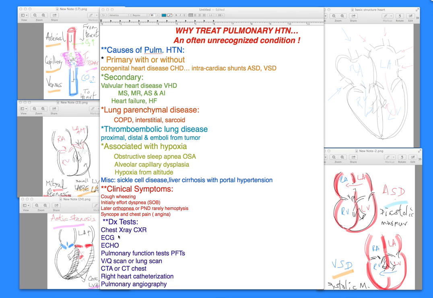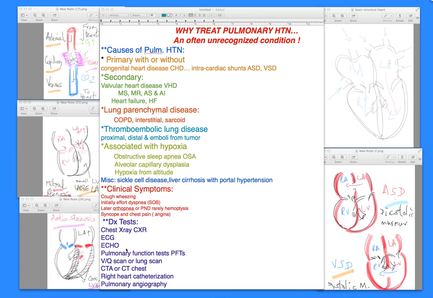Now let's quickly dwell on the diagnostic tests which are available. There is a huge armamentarium of tests which you can employ, starting with a basic simple chest x-ray, I call it CXR, an EKG or ECG, and then an echo.